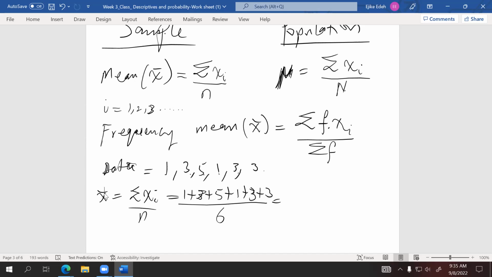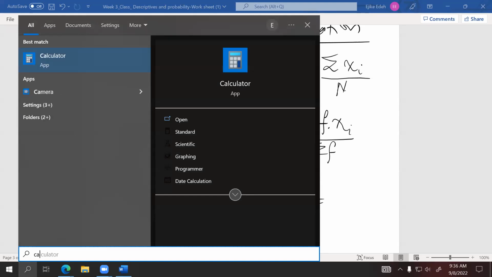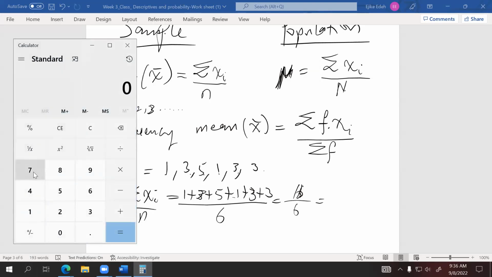So this gives us, anybody totaling the numerator? That will be 4 plus 5 is 9, 10, 13, 16. Is that correct? Okay, thank you. Now help us with the calculator here. 16 divided by 6 will give us 2.667.